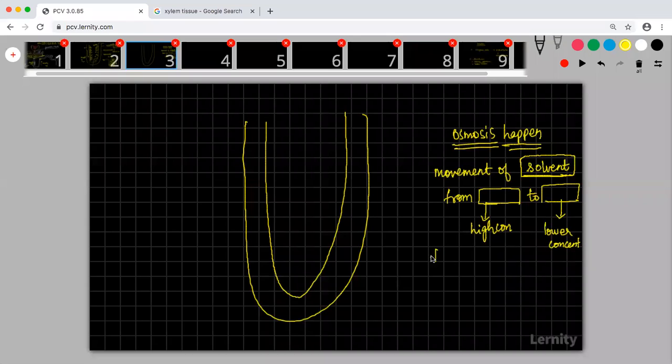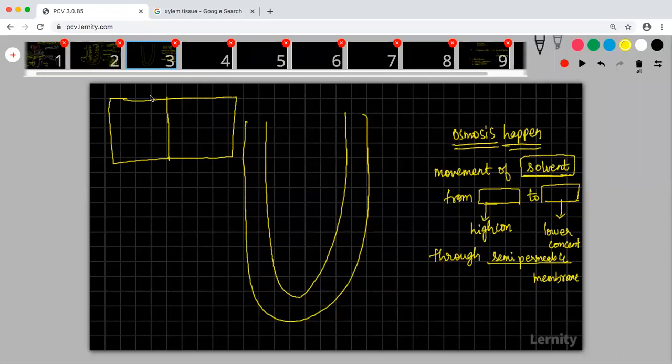Through what? Through a semi-permeable membrane. Now tell me, let us say there are two sides. Water is filled throughout. This side you have ion concentration.